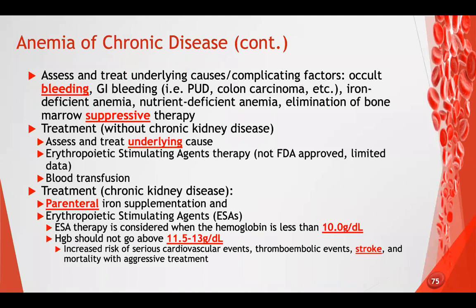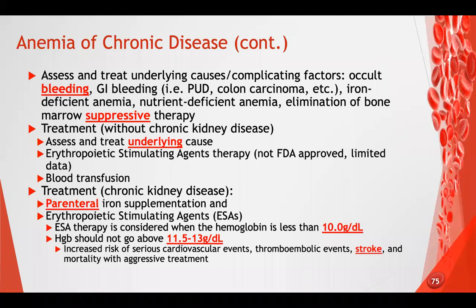So how we treat anemia of chronic disease: of course, we want to assess and treat the underlying cause. So if there's occult bleeding, GI bleeding, or if the person is taking any medications that are causing bone marrow suppression, then we will want to eliminate that if possible.